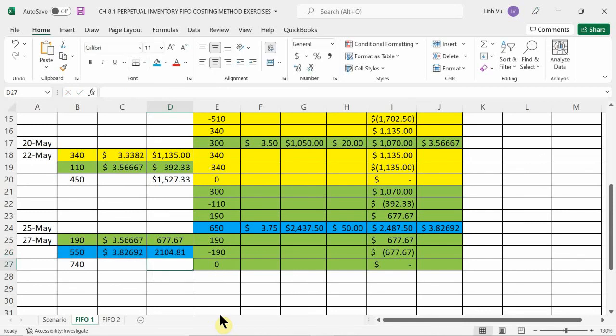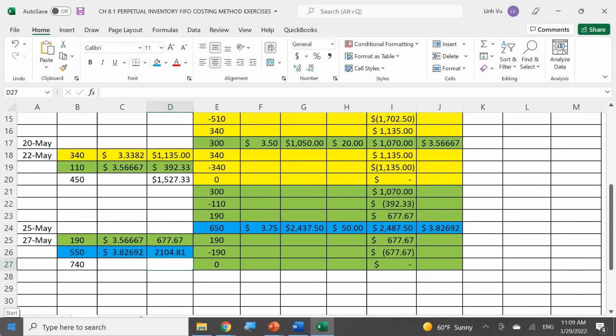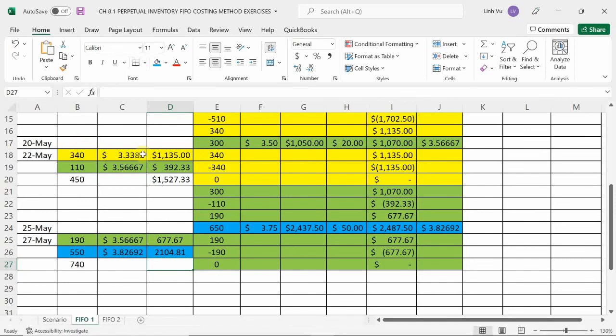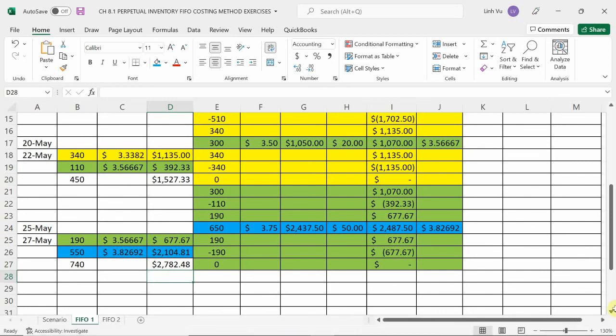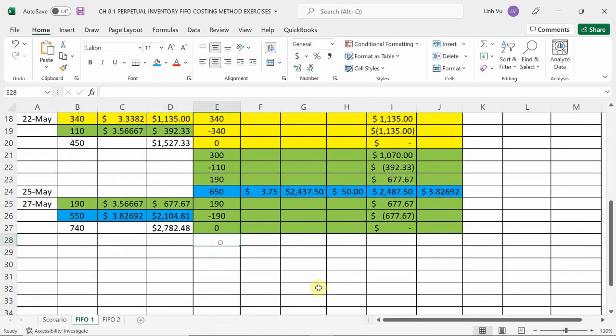Good. 2,104.81 is correct. And of course, I want to make sure I add this up. So when I journalize that I sold all 740 units, it's for the grand total of $2,782.48.